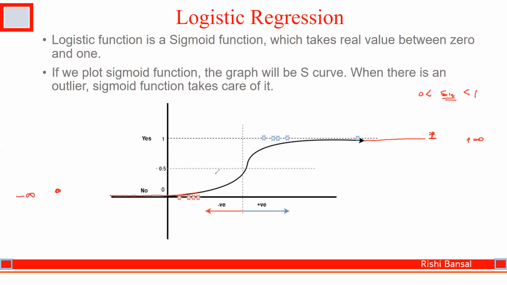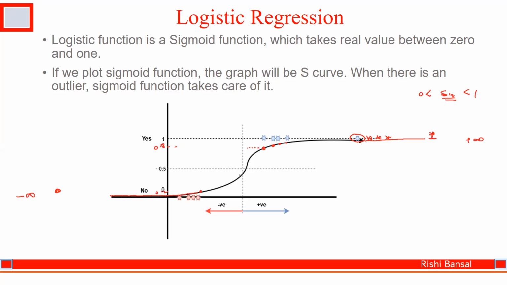Now, in this case, the same outlier is there. Doesn't matter how many outliers you create here, it will not distort the graph. This graph will continue to go like this, and these points are on the graph only, right? It may be around 0.8, and this may be around 0.2.